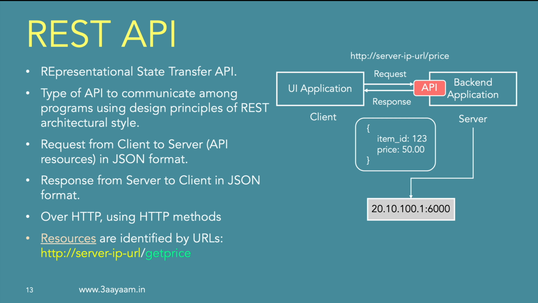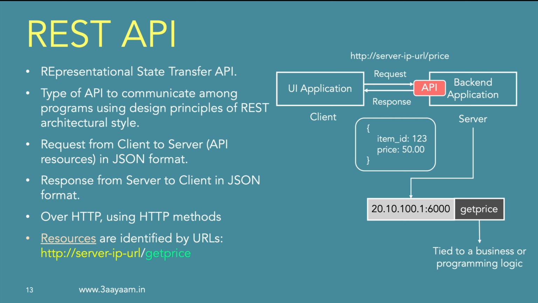Let's say the IP address of the server is 10.20.10.101 and the program is running on port number 6000. We can send the API request to this particular endpoint also, like HTTP followed by the IP address, the port number, and then the name of the API, which is get price in our case.